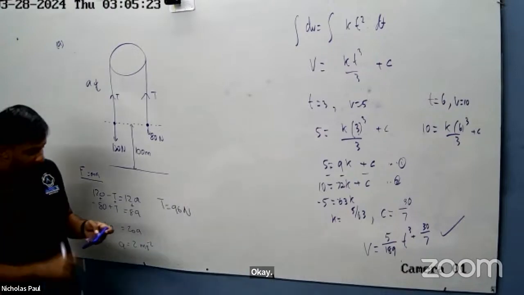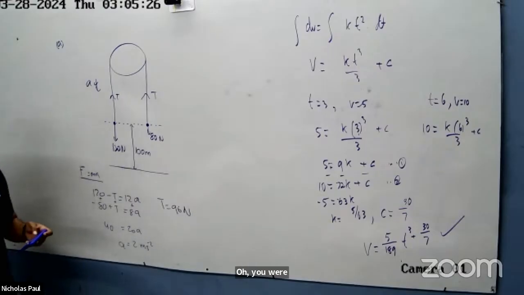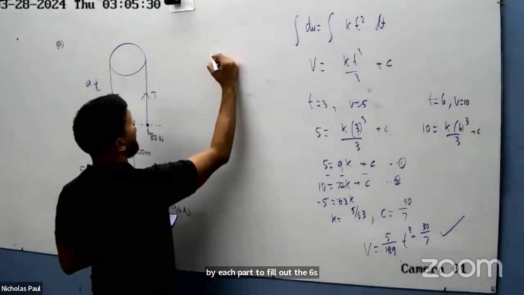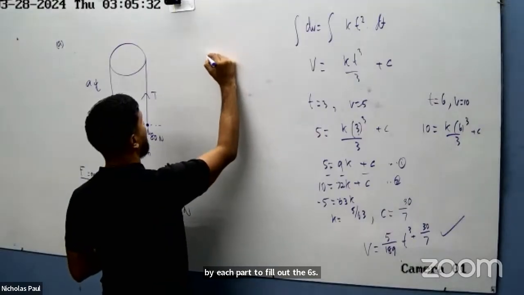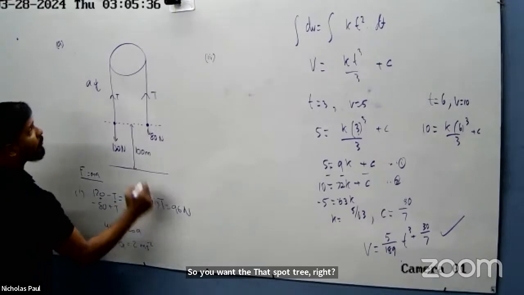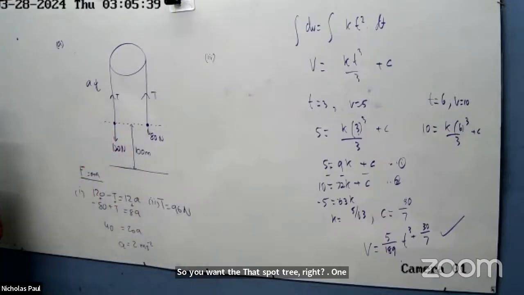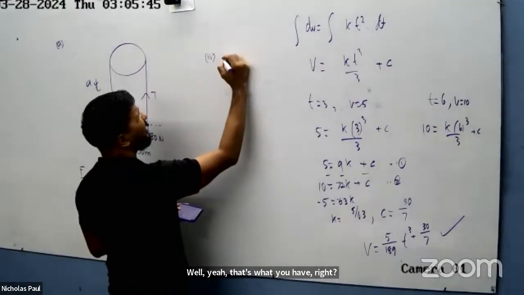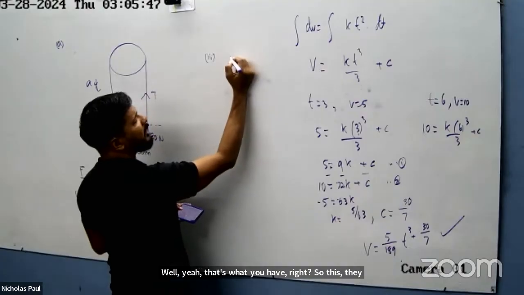Sorry. Determine the distance traveled by each particle after 6 seconds. So that's part 3, right? Part 1 and part 2. Always part 3. Well, get it right what you have, right? So distance traveled by each particle, they will travel the same distance, right?